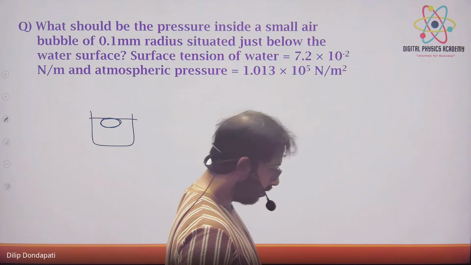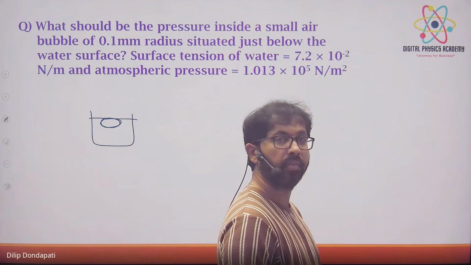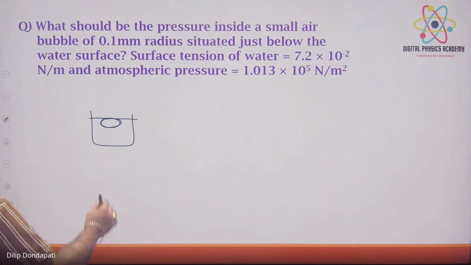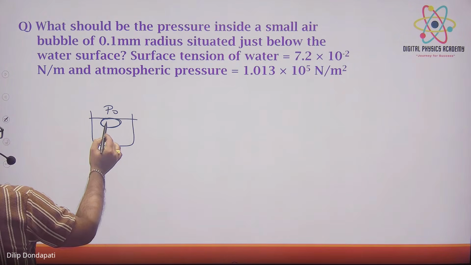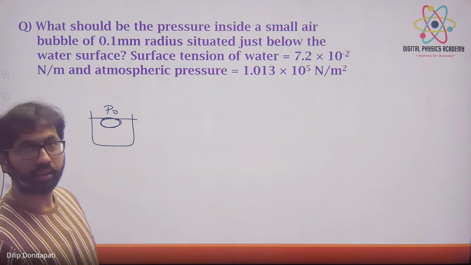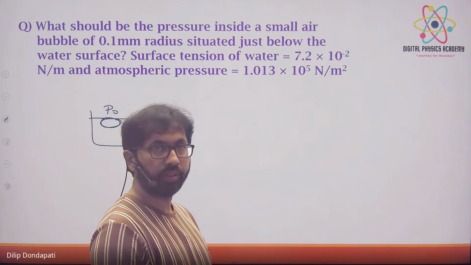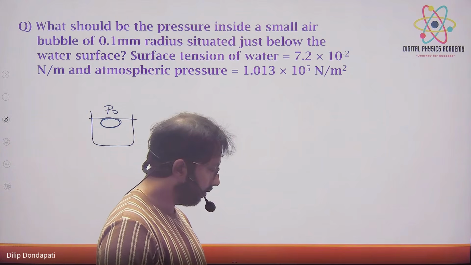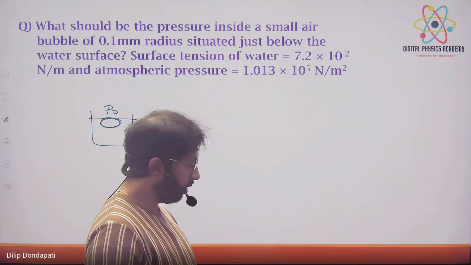So 1.02 into 10 power 5. Yes, perfect answer. Outside the pressure is P naught, right? So find the inside pressure first, then add the total pressure: P naught plus the bottom pressure. I didn't write it in the standard form.